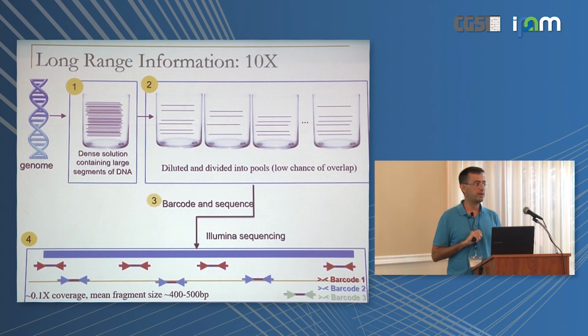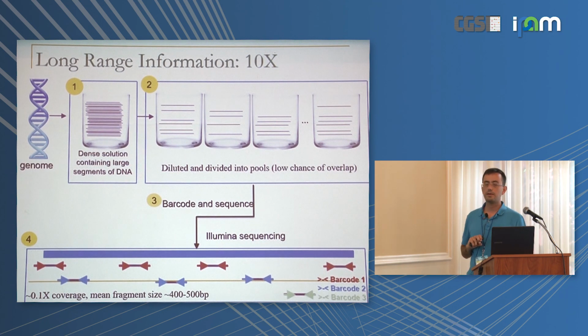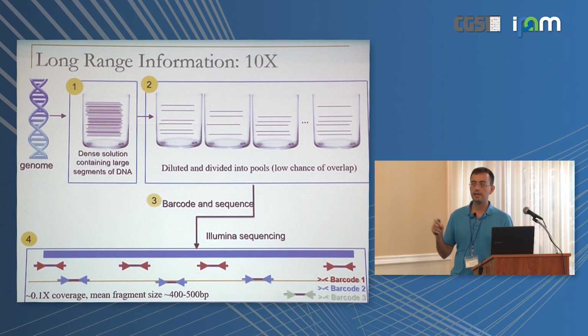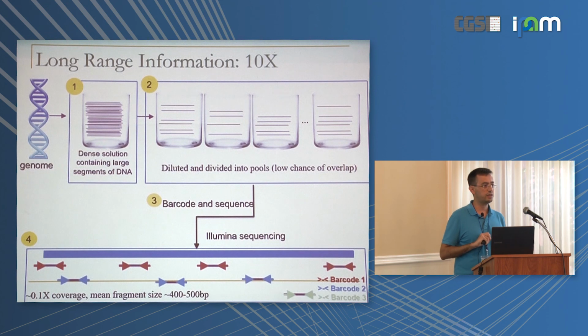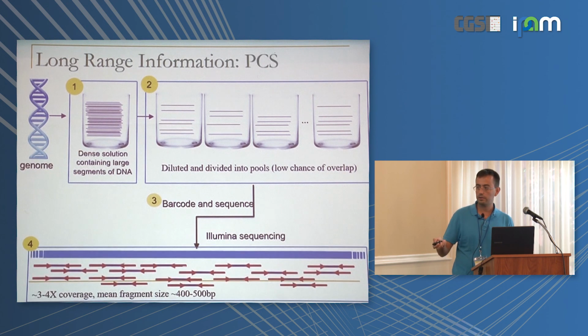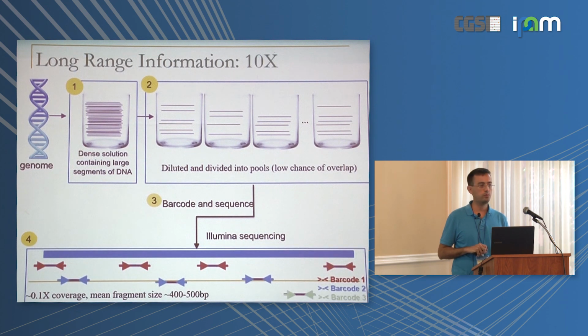But again, we are dividing into pools. There are fancier slides from 10x Genomics, but I skipped those because they can be confusing. Basically, we are again dividing into pools. Now we have a lot more pools, and we barcode and then sequence. But the change here is that instead of about 3-4x coverage with pooled clone sequencing, here we have 0.1x coverage per pool.